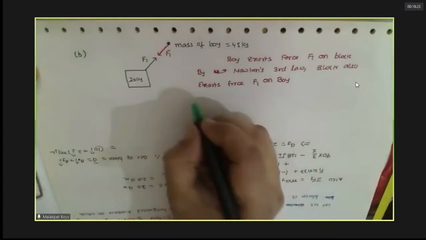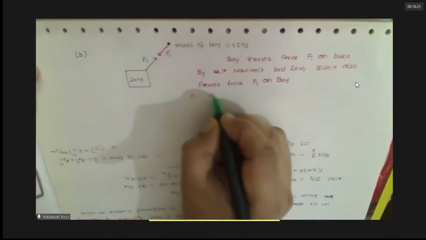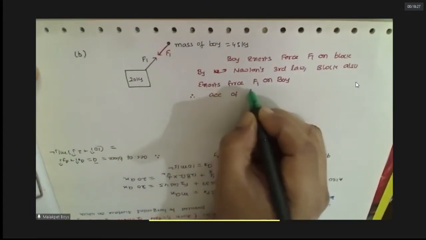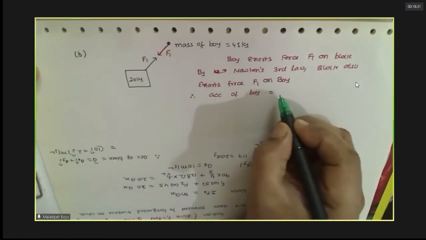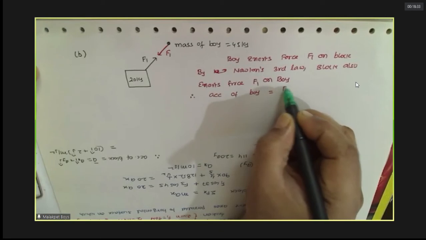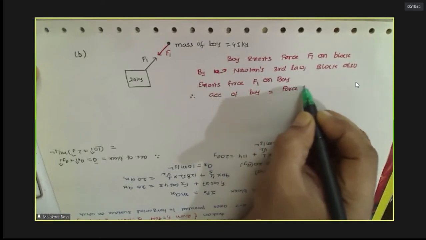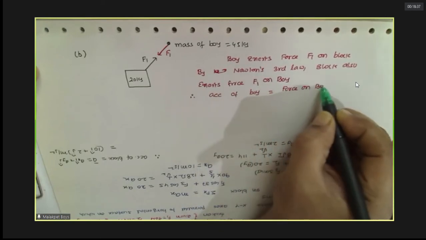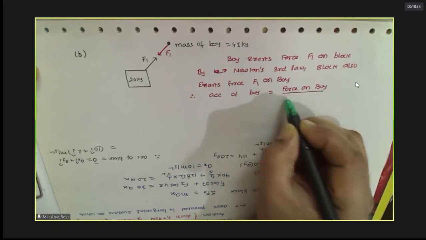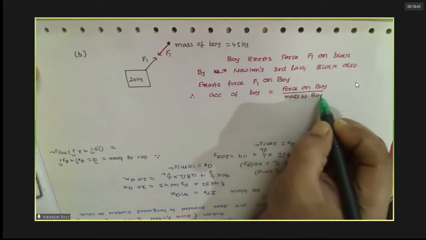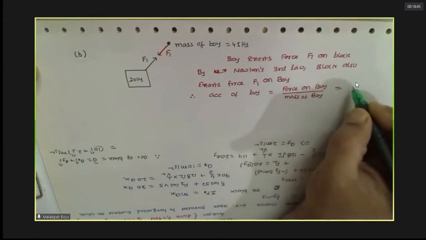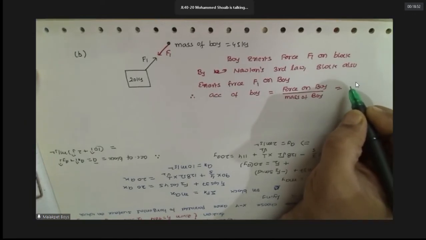That means, therefore, what is the acceleration of the boy? It is nothing but the force on him divided by his mass. What is the force on the boy? F1. F1 is how much? 90.